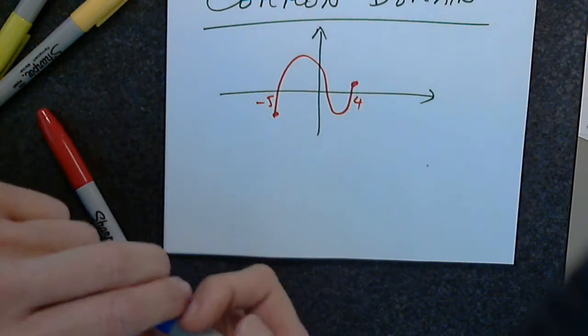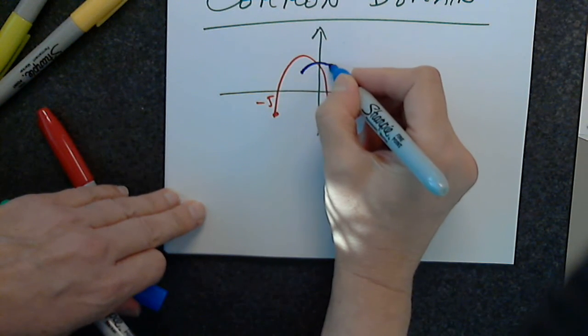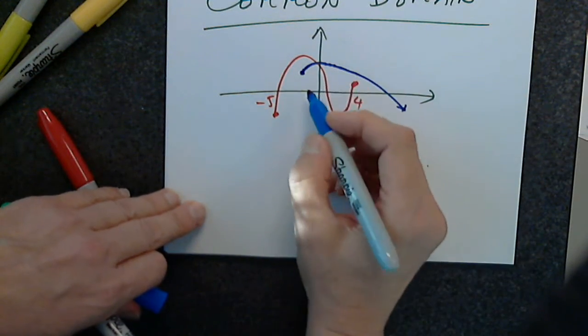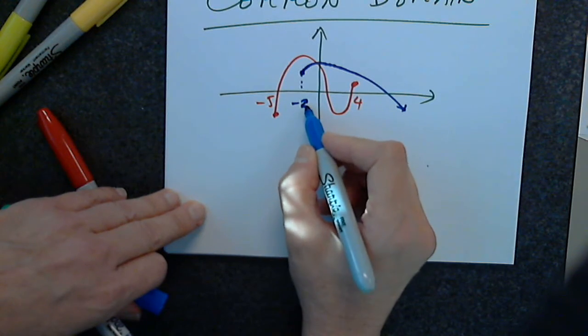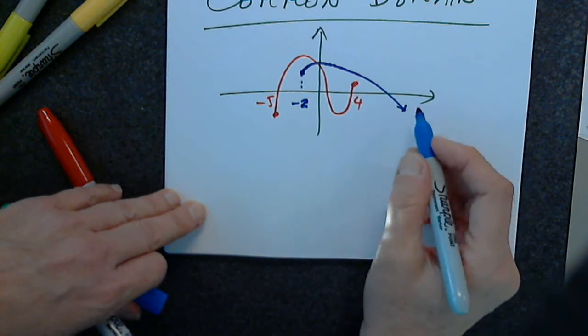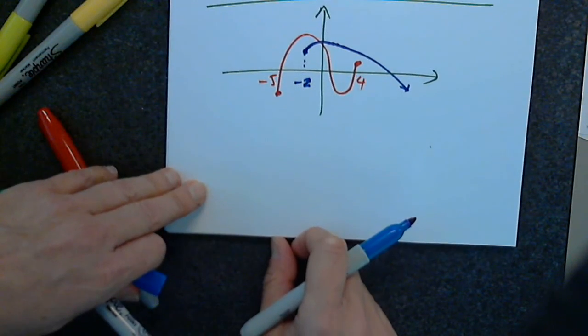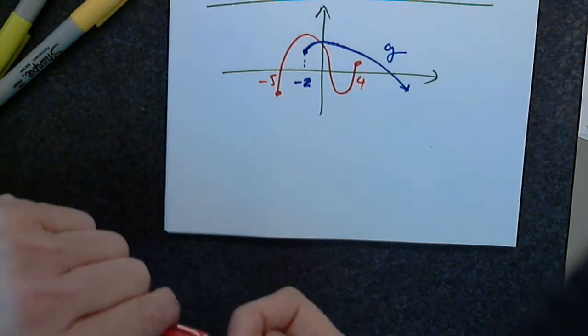And I'm going to graph this function between, let's say, -2 and infinity. So this is function g, and this is function f.